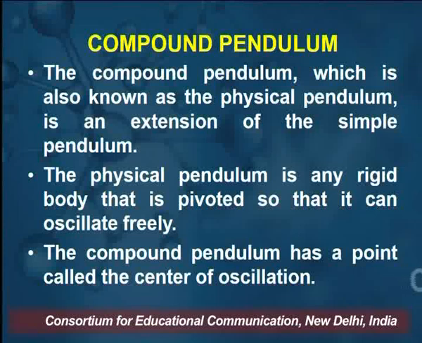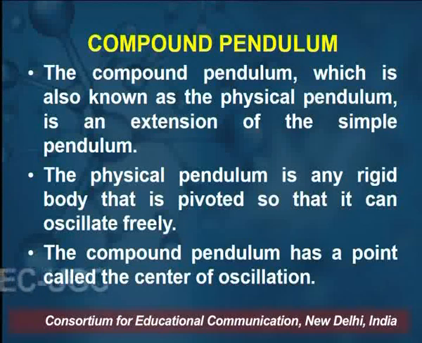Now what is a compound pendulum? First we should know. The compound pendulum, also known as the physical pendulum, is the extension of the simple pendulum. This physical pendulum is any rigid body that is pivoted so that it can oscillate freely.